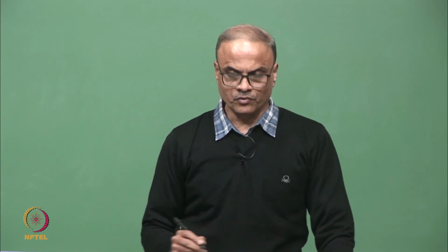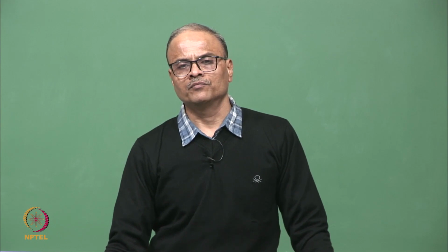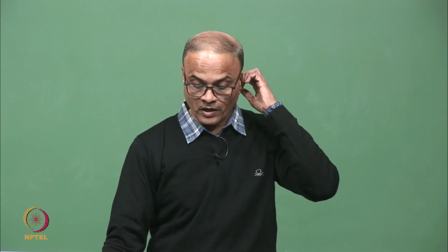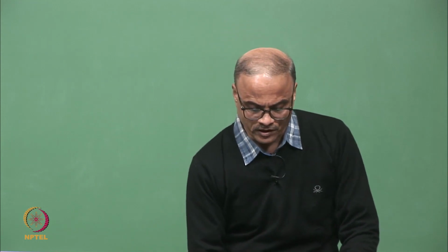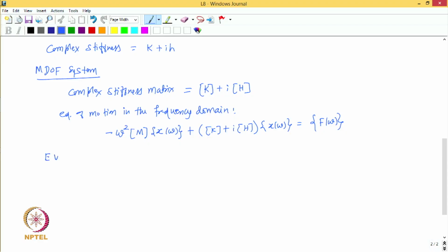Now, we would like to see what is the eigenvalue problem for a multi-degree of freedom system with structural damping. So, let us look at the EVP, or eigenvalue problem.